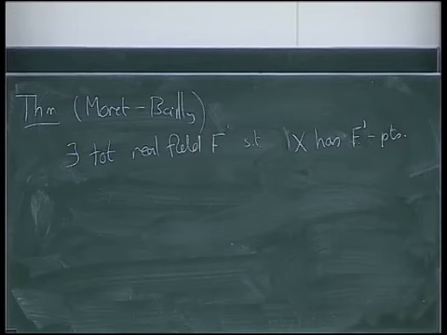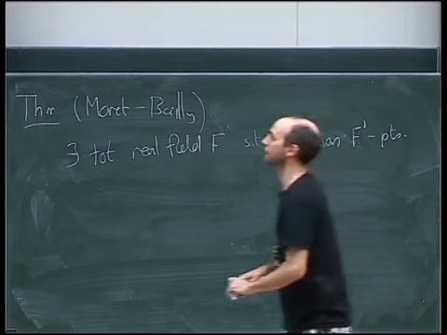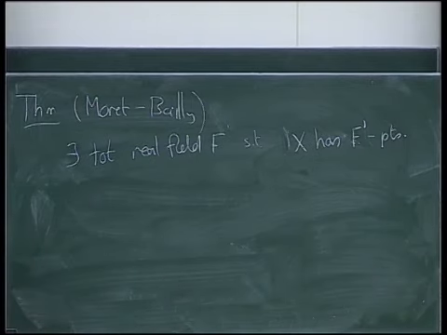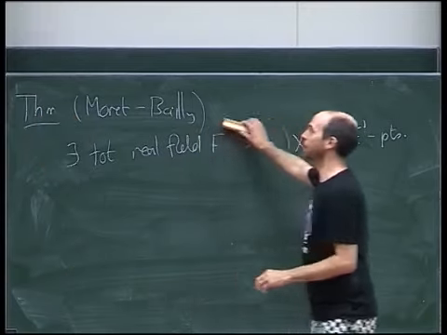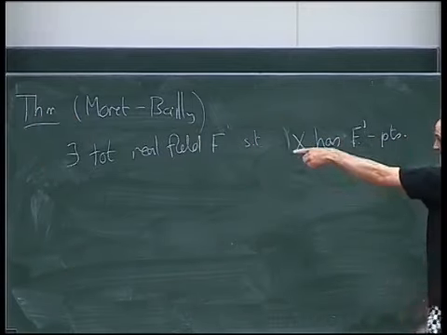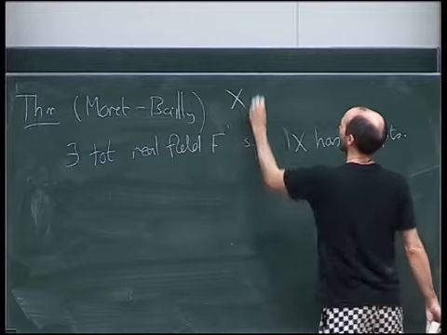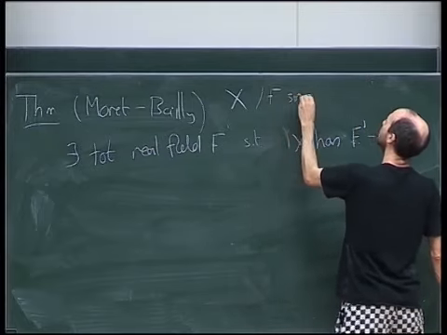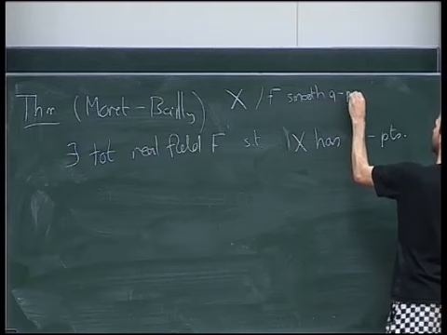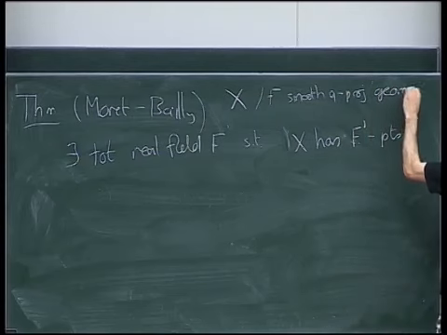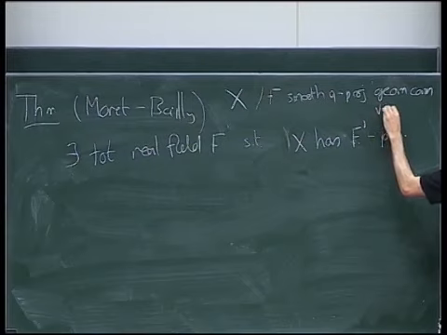You see what we've done here? We've moved from the local situation to the global situation. I've checked there's no local obstruction at infinity. I've only checked it at one prime. So this is not a number. This is arithmetic geometry, right? So X over F, a smooth, quasi-projective, geometrically connected variety.